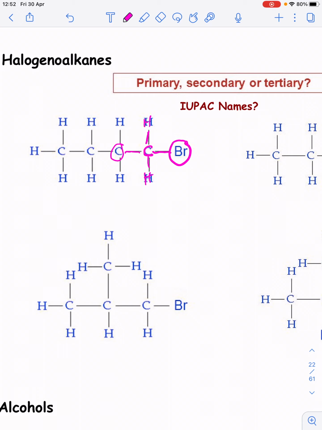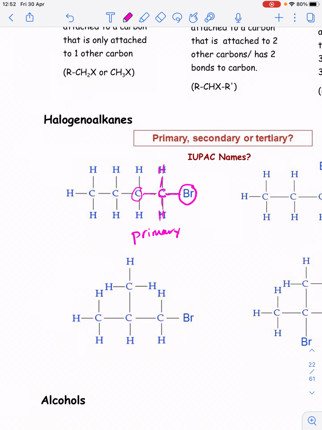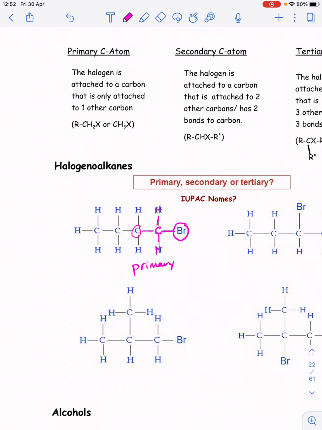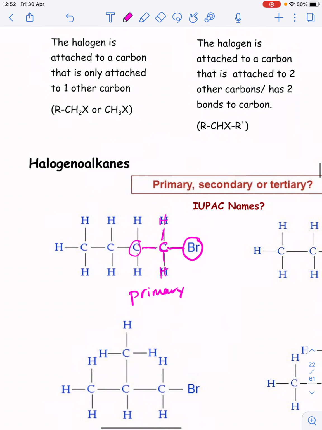So this halogenoalkane is a primary halogenoalkane. It satisfies that first definition that this halogen, which is our functional group, is attached to a carbon atom that's only attached to one other carbon atom.